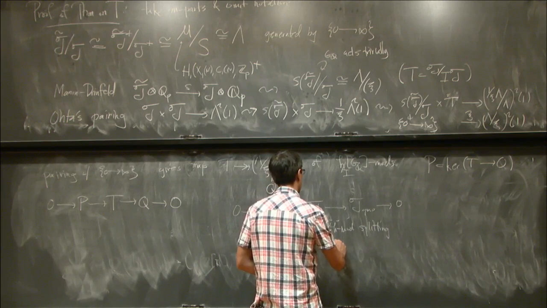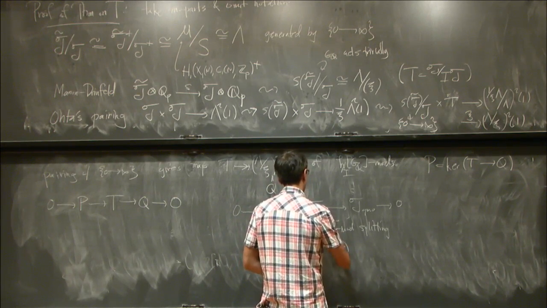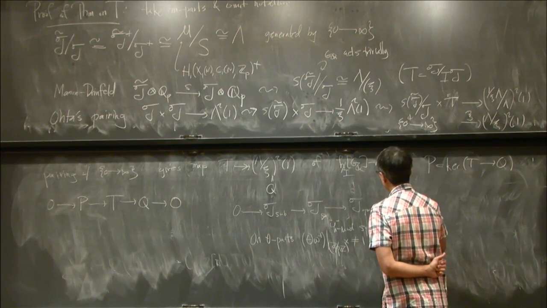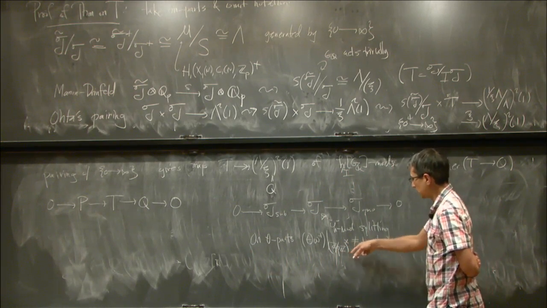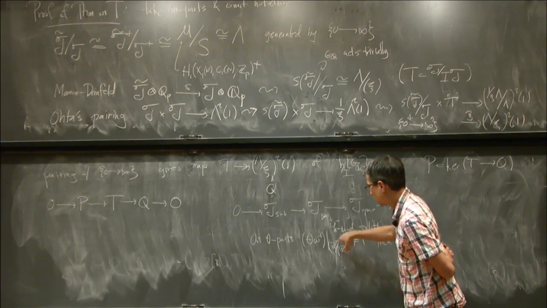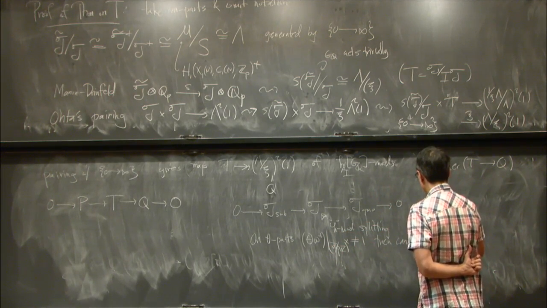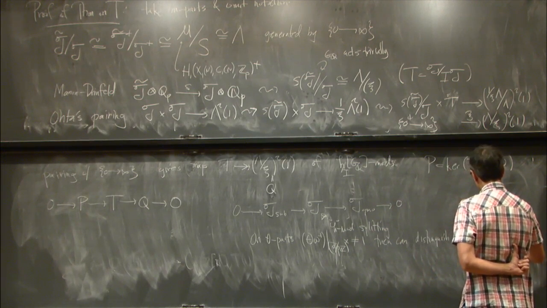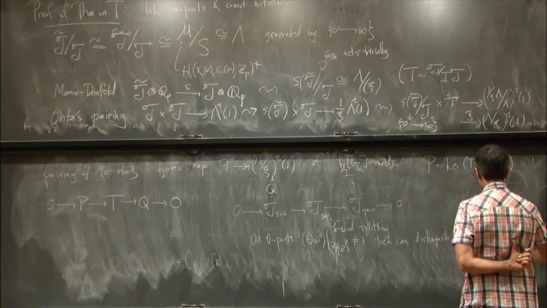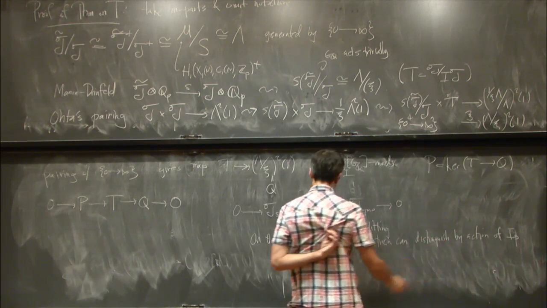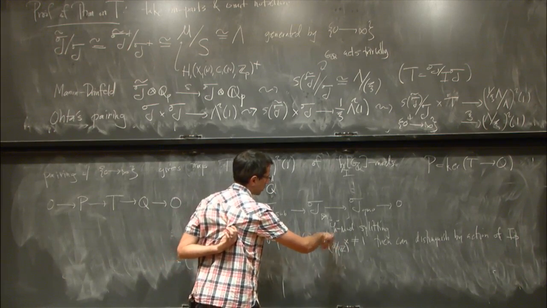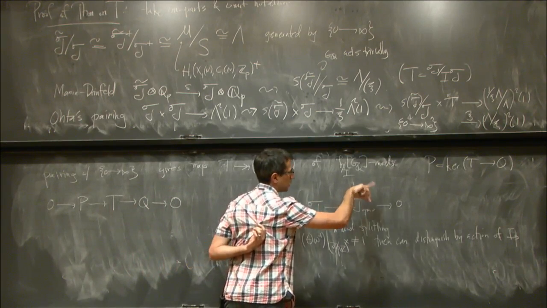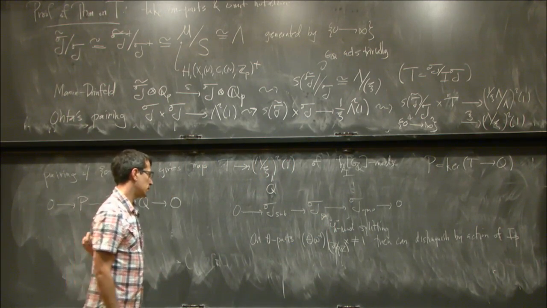If this thing is not 1, then we can distinguish by the action of inertia, the Galois group of Q P mu p over Q P. So some element of inertia which restricts to a generator of the Galois group of Q P mu p over Q P acts non-trivially here, but trivially here. So they're in different eigenspaces.